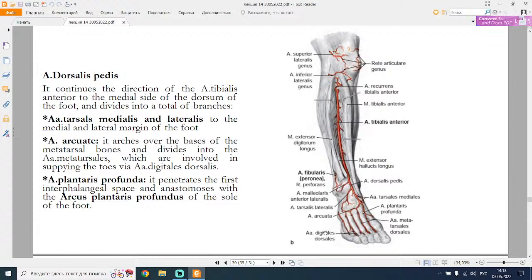Next, arteria arcuata. It arches over the bases of the metatarsal bones and divides into arteria metatarsalis dorsalis, which are involved in supplying the toes via arteria digitalis dorsalis.